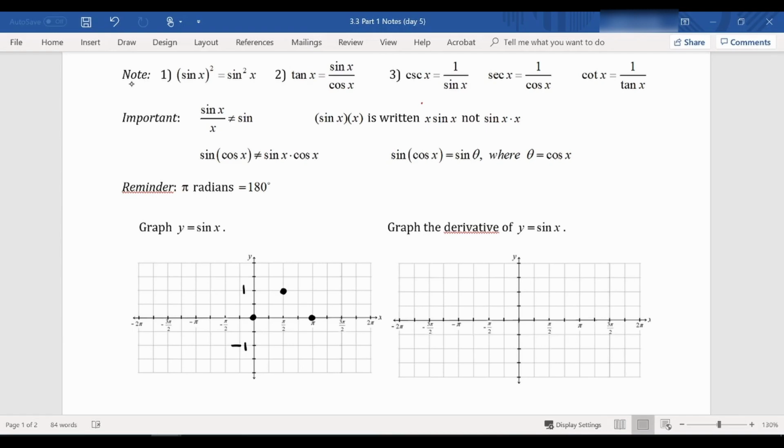It then goes down to a minimum at 3 pi over 2 and back up to our axis at 2 pi. And so one cycle of sine looks like this. We can go in the opposite direction as well, where we cross at negative pi and negative 2 pi. Our minimum would be at negative pi over 2 and our maximum at 3 pi over 2. And this would show us two cycles of sine.